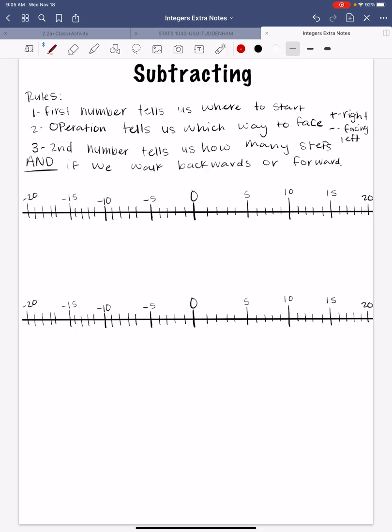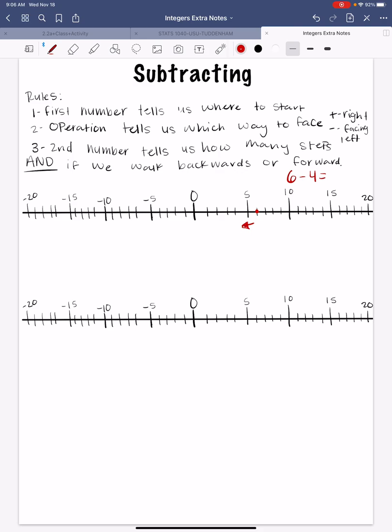So let's try one of these on a number line. Let's say we have 6 subtract 4. First things first, we start at 6. 6 is right here. And we are subtracting, so we face to the left.